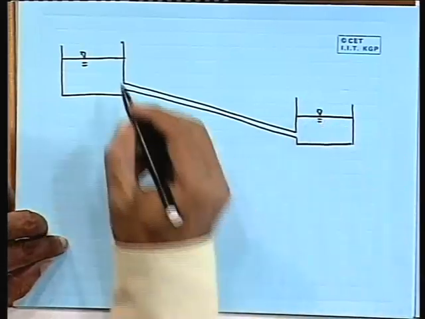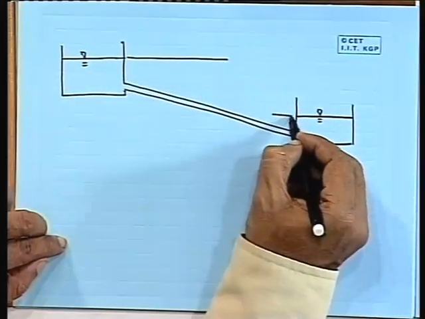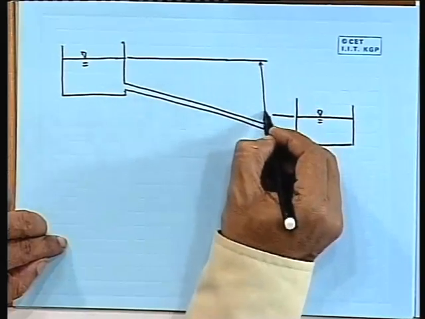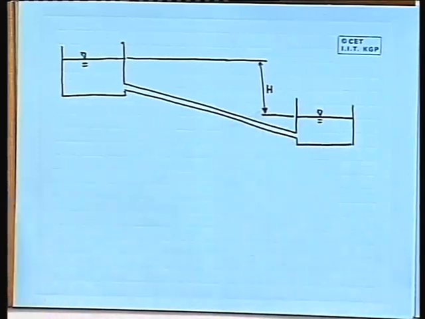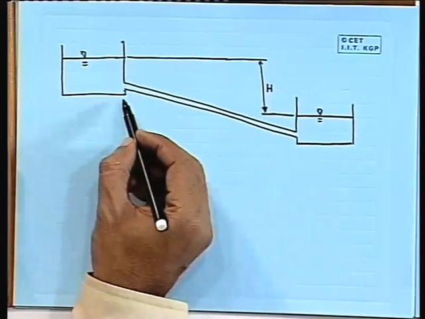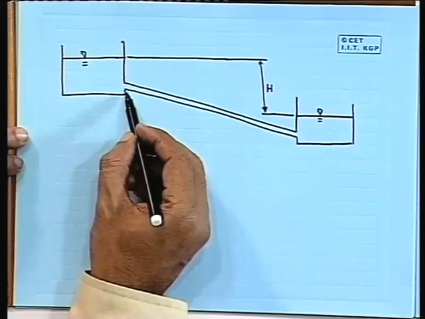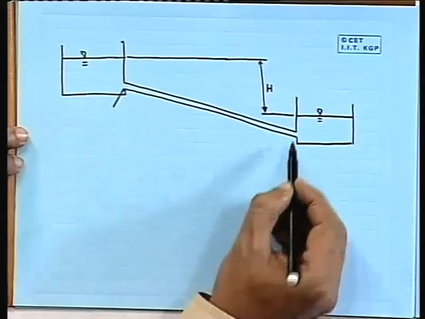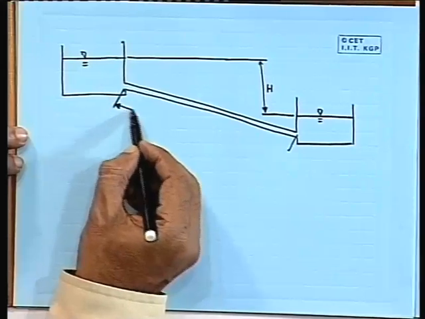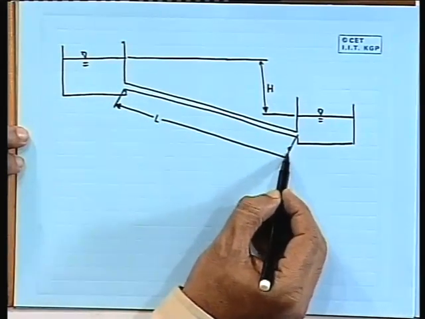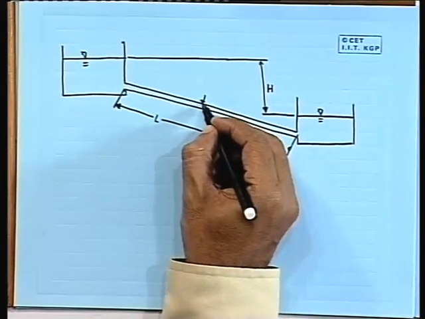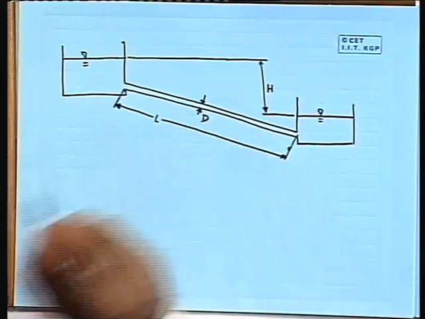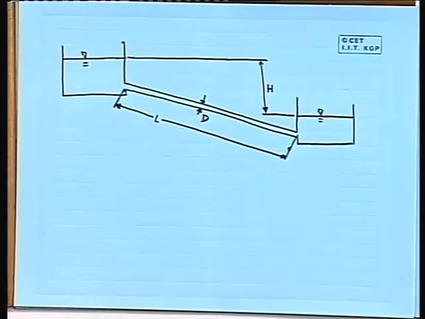The height difference between the reservoirs is capital H. And then this length is L, and the diameter of the pipeline is D. So, here again we want to know what will be the flow rate.